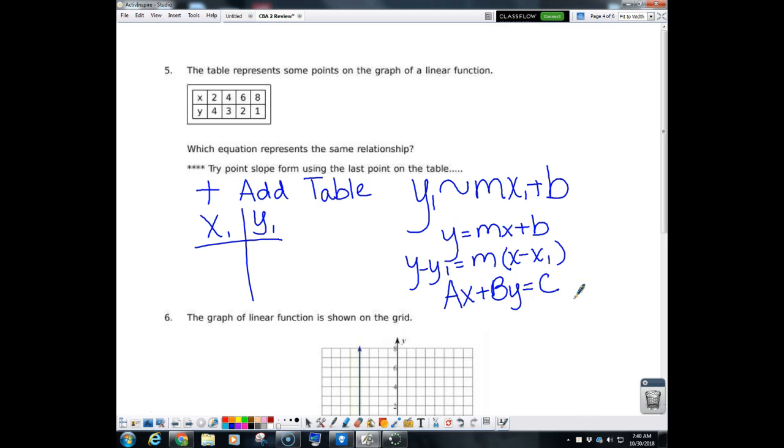Now remember, when you add the table and you type this, it graphs a line for you, right? So that means that's this line. All you have to do is graph your answer choices and see which one is exactly that same line, right? If it's a different line, that means they're not equal to each other and it's wrong. Does that make sense? So you have to graph your answer choices and see which one matches up with yours. Okay, so go ahead and do that real quick.